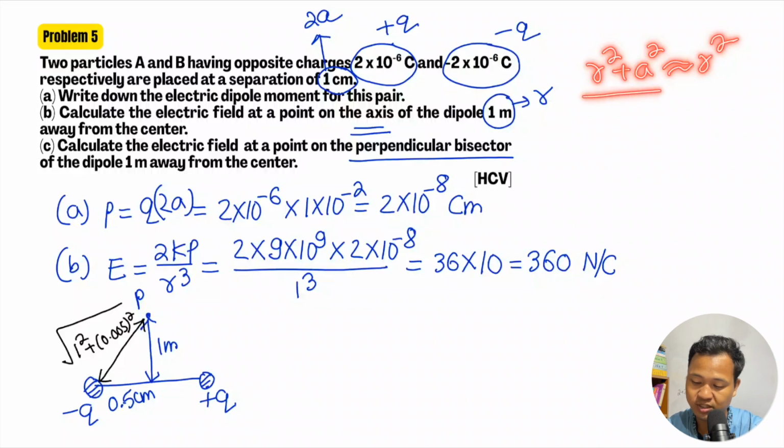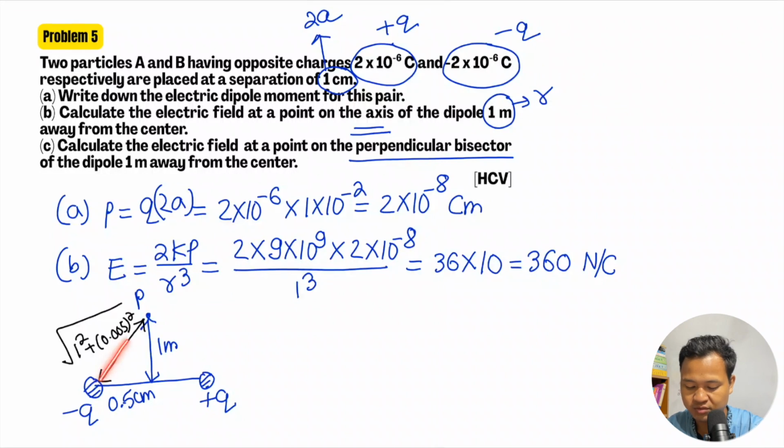That assumption you have to take here. So a is negligible, and you have to take r here.